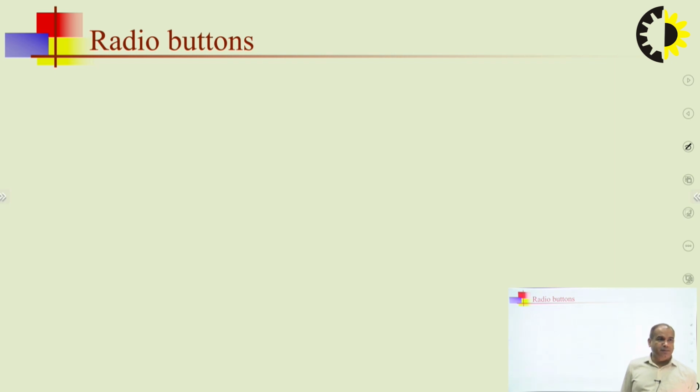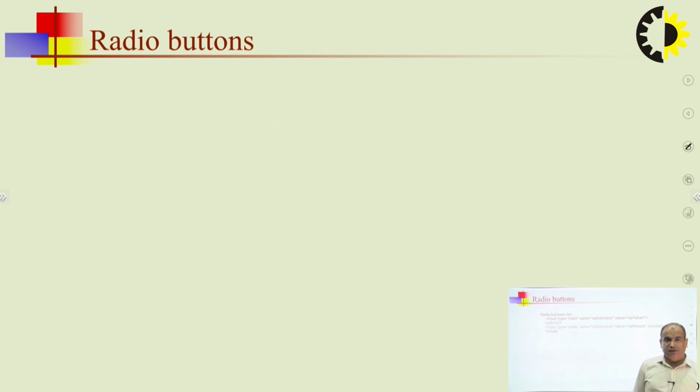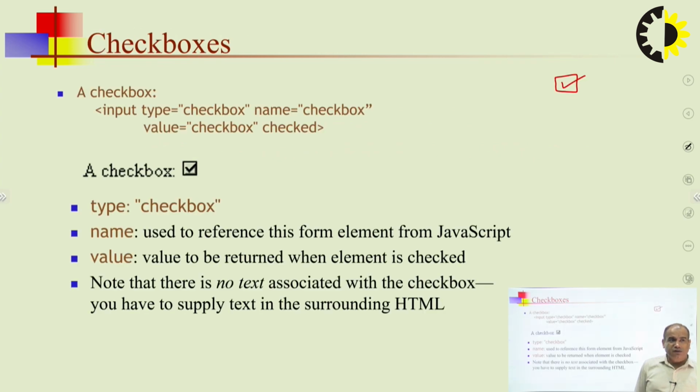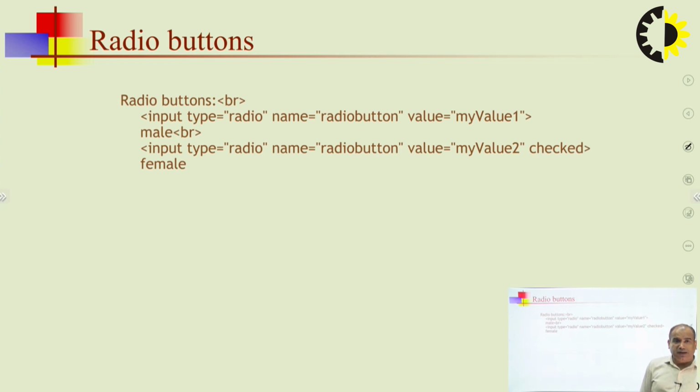Same for the radio button, we use input type equal to radio. For checkbox we use input type equal to checkbox; here we use input type equal to radio. Name equal to radio button, value equal to my value 1. Again input type equal to radio, name equal to radio button, value equal to my value 2.